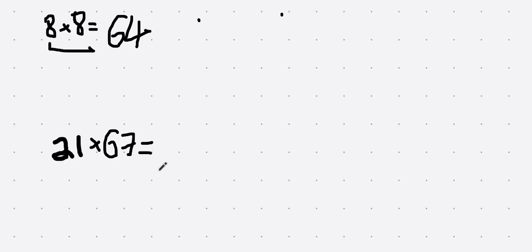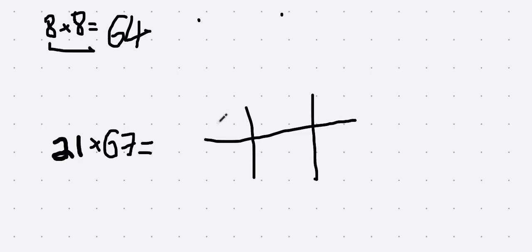In this case, we want to make the grid again, just to make this a little easier on us. So 20 times 60 plus 6, 20 and 1 and 60 and 7.